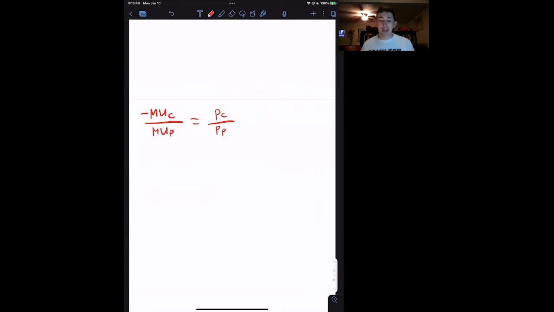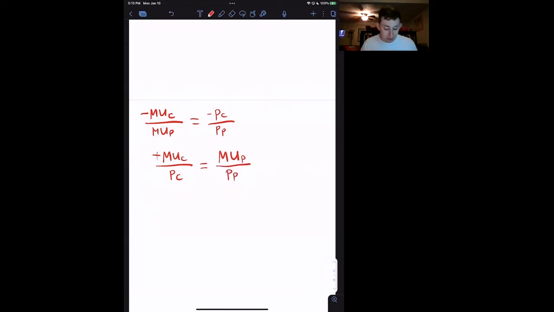Just algebraically, I'm going to move some stuff around, and I'm going to get to negative MUC over the price of Coke is equal to, let's just make this a plus, because this is really a minus here, so let's just get rid of the negatives, and this is really marginal utility of Pepsi over the price of Pepsi.